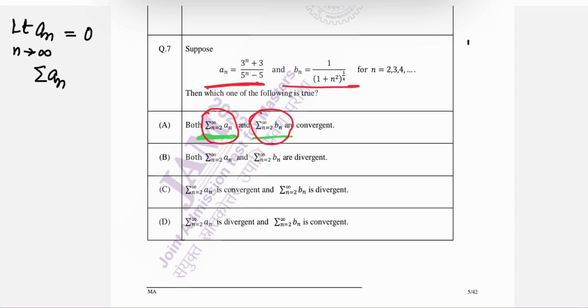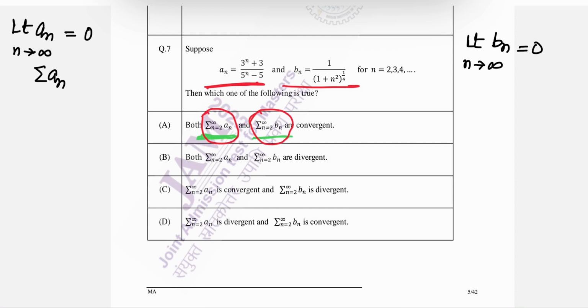The second series is, the nth term of the second series is Bn, and if you do the same, then this also equals 0.